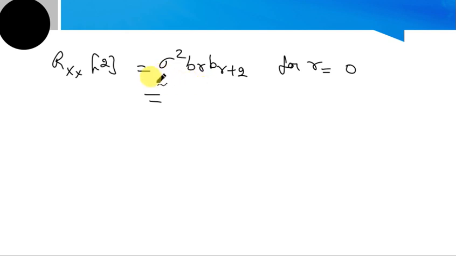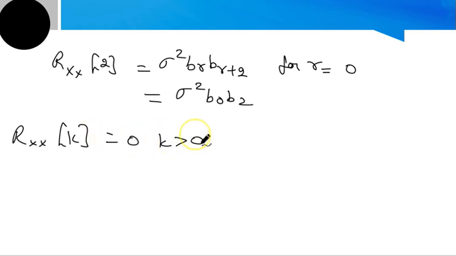So you will only land up with sigma squared b naught b2, a single term. Now my Rxx of k in general will be 0 for all k greater than 2, and this is possible because mean is 0.